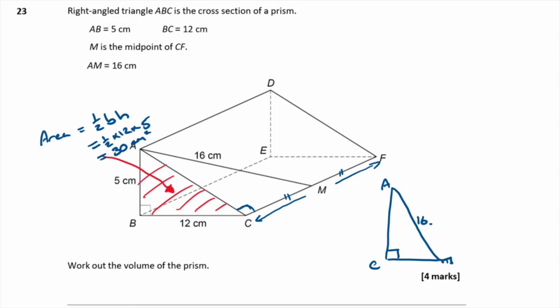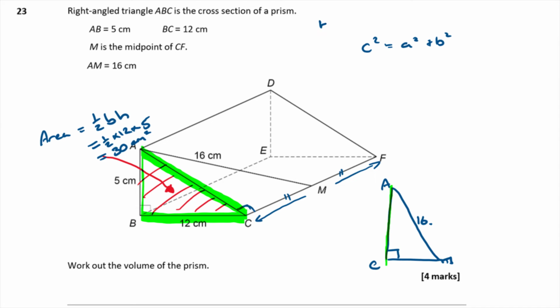Now I can do that, I think, from my diagram. I can find this length here, which is the same thing as this one here in my ACM triangle, and I can do that from this right angle triangle here using Pythagoras Theorem. So I've got 5 and 12 as 2 shorter sides of a right angle triangle. So to find AC, I can use c squared equals a squared plus b squared.